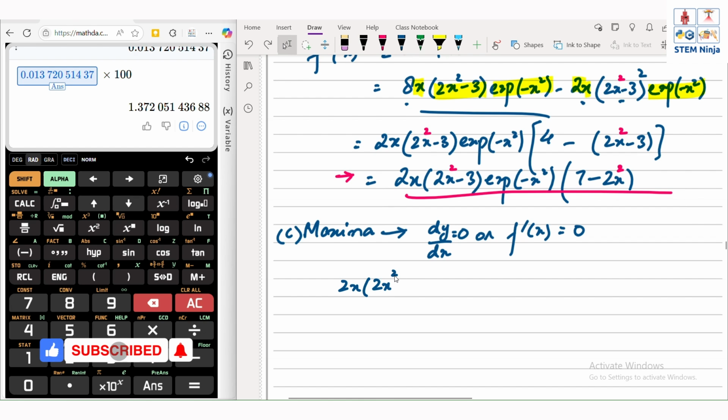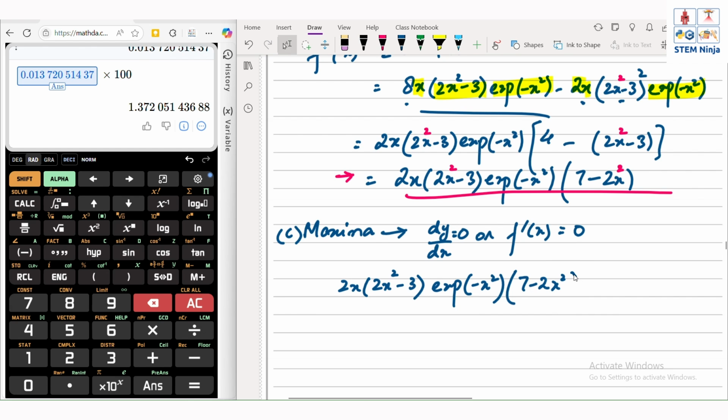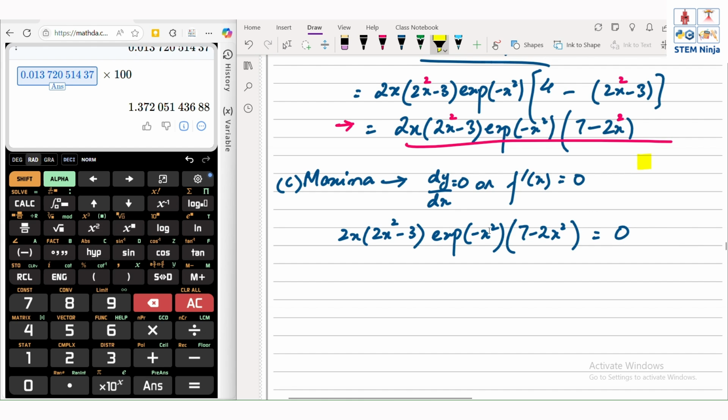So 2x, 2x squared minus 3 exponent minus x squared, 7 minus 2x squared equal to 0. The exponential part can never reach 0, so the rest of them will do. From 2x equal to 0, you get x equal to 0. From 2x squared minus 3 equal to 0, you get plus and minus square root of 3 over 2.